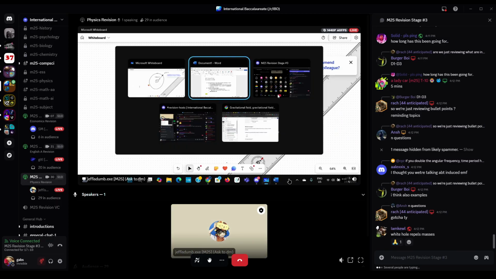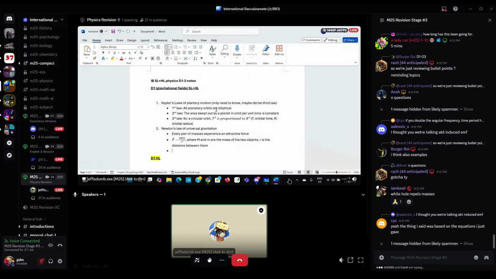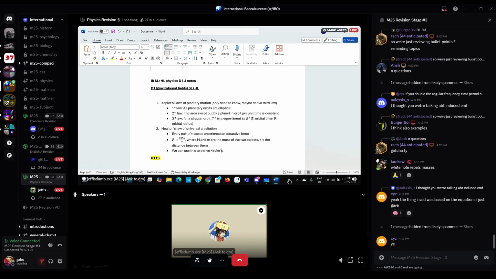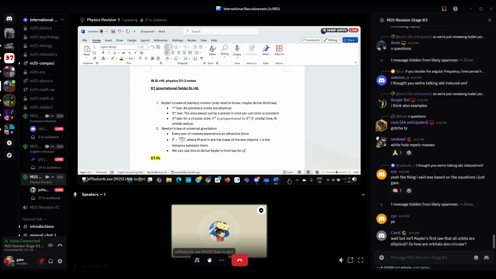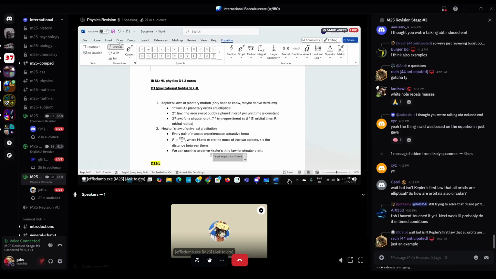We can technically use this result to derive Kepler's third law for circular orbits, because you know that the centripetal force equals the gravitational force.